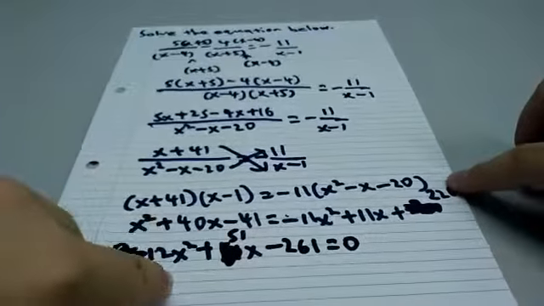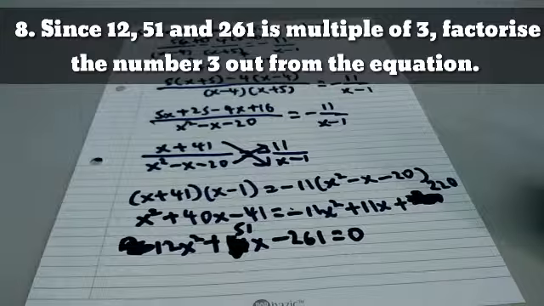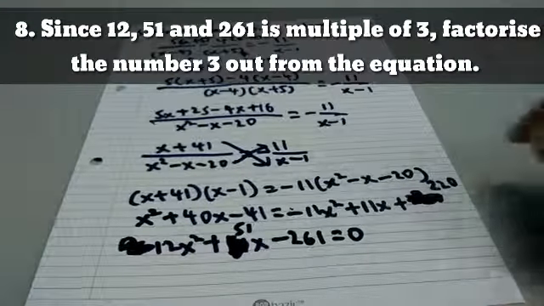And then since 12, 51 and negative 261 are all multiples of 3, we can factorize the 3 out.